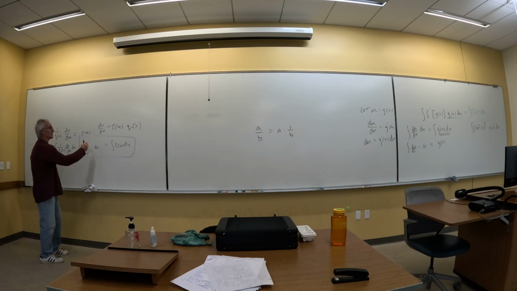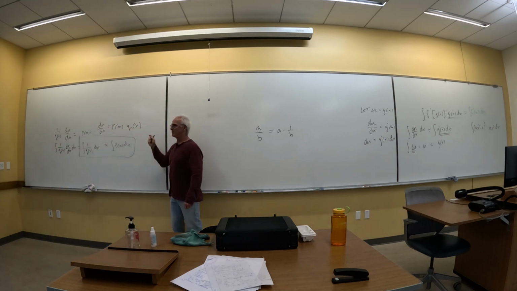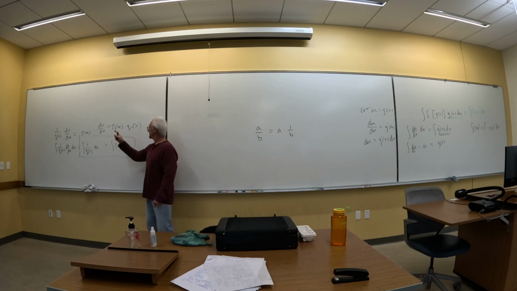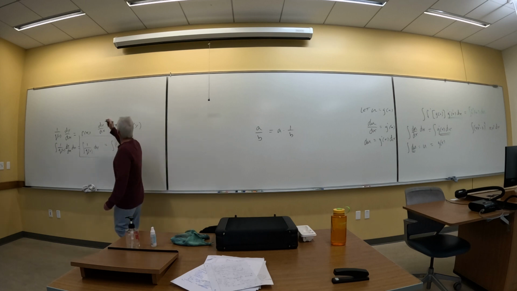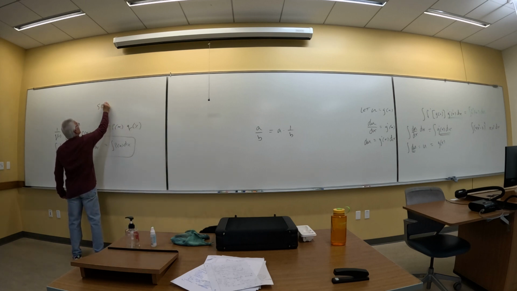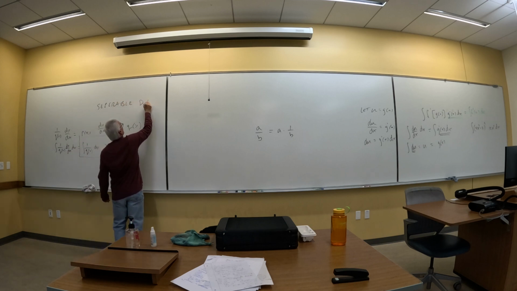But now let's go back to the original problem. It's as if I just simply broke it apart, isn't it? Question is, can I go from here literally directly to here? Yeah, actually you can if you can see what's going on. This is what is called a separable differential equation.